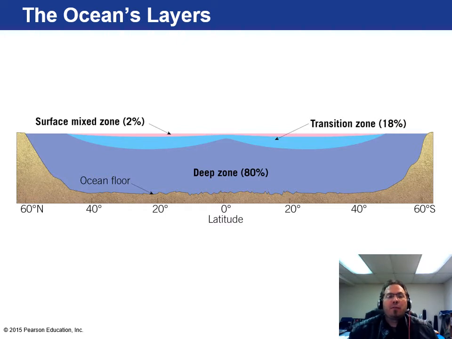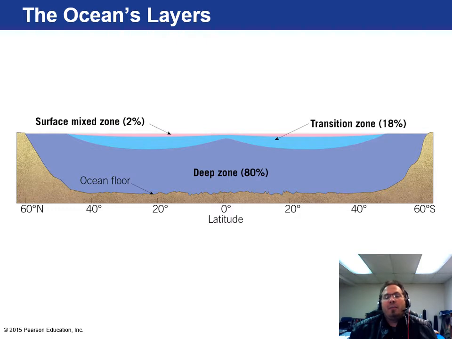So here's a kind of a schematic of that. You have the surface mix zone, which is the very upper layer. Like I said, in the grand scheme of the oceans, 900 feet is nothing when it goes down to 29,000 feet. So it's the very upper zone. And then you have the transition zone, where light can still reach, but this is where temperature is decreasing and density is increasing.